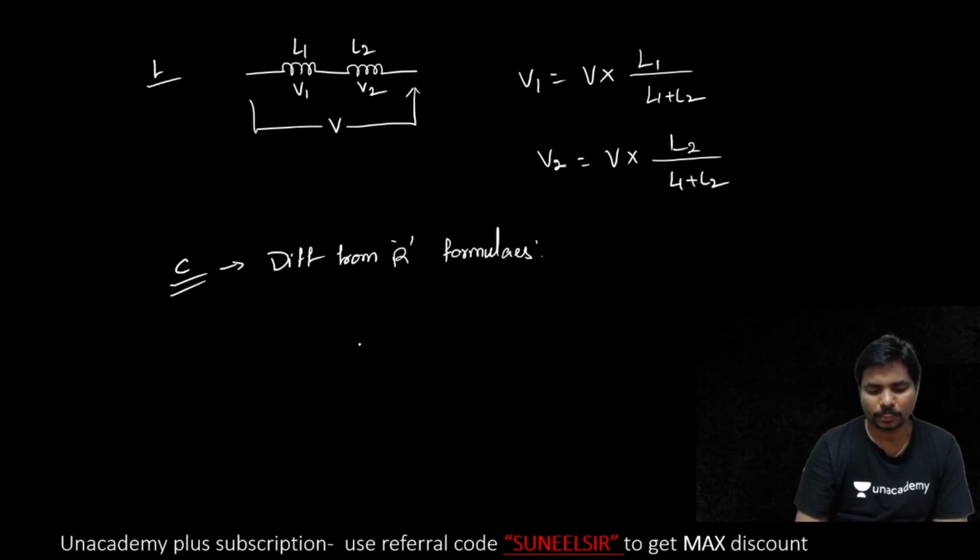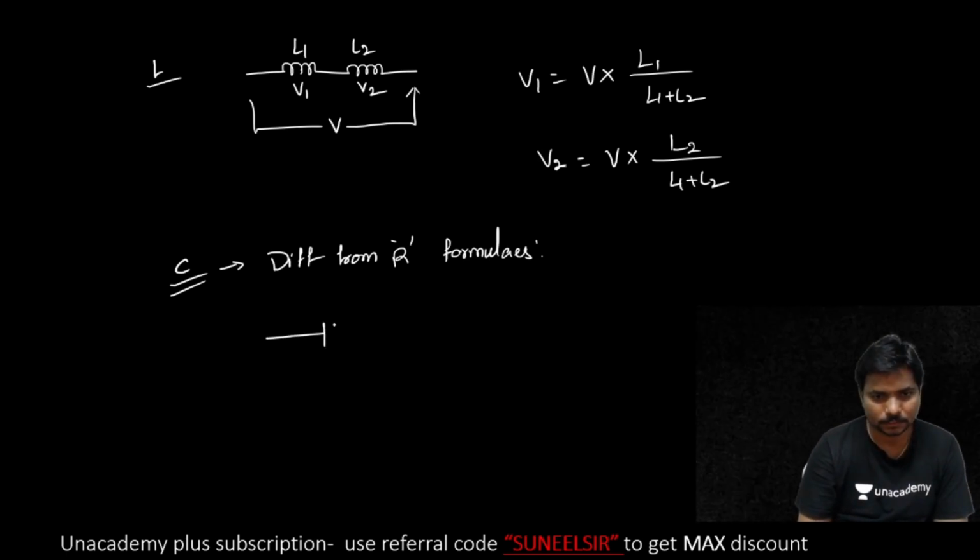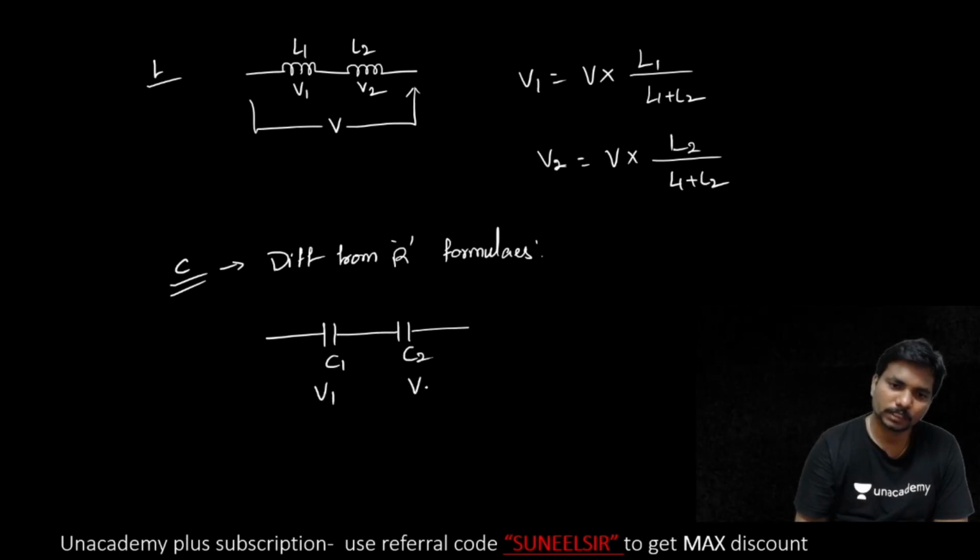If the capacitors are connected in series, C1, C2, the voltage across C1 is V1, and the voltage across C2 is V2.